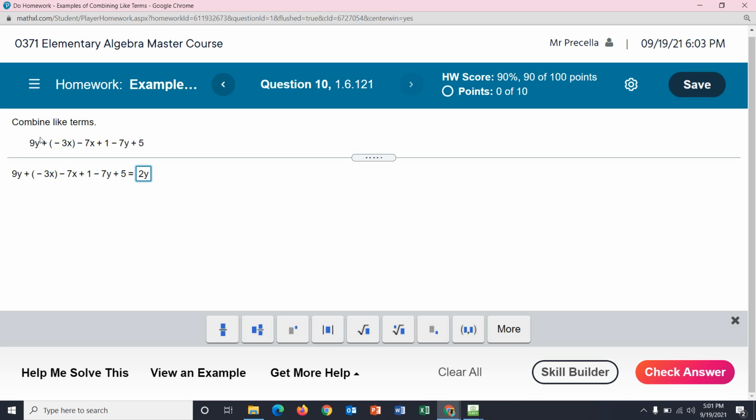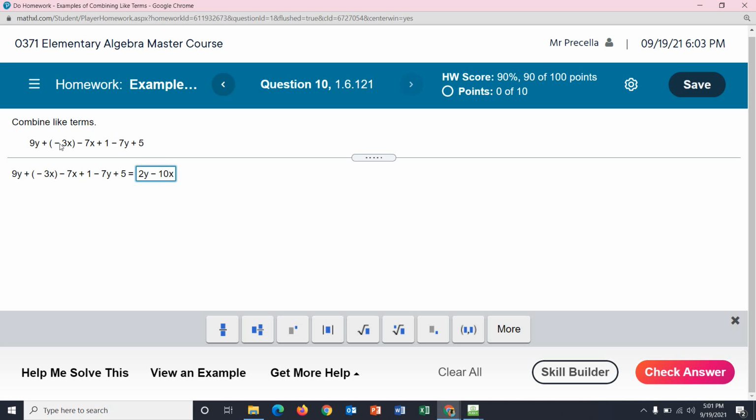So if I had a pencil, if you were writing this down, you'd mark out the 9y minus 7y. Those are gone. Now let's do the two x terms. Negative 3 plus a negative 7, is that a negative 10x?